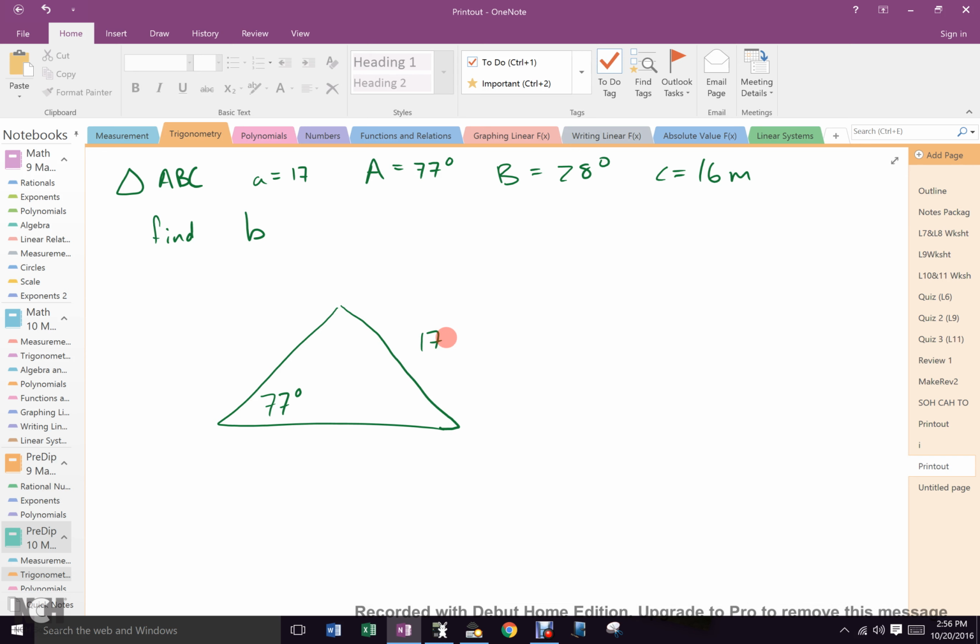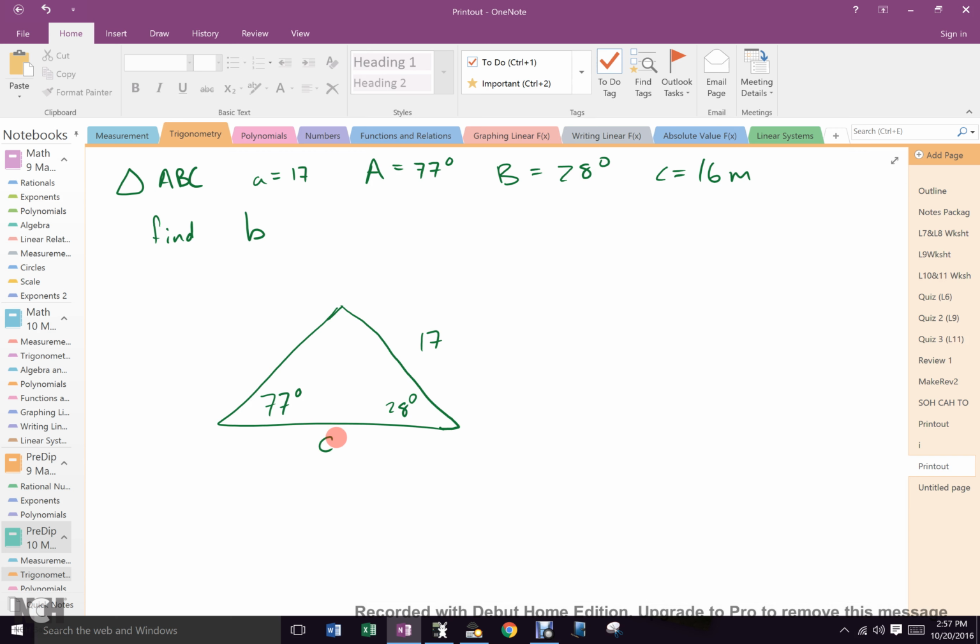It doesn't matter how I set this up now, except I should know that 28, I shouldn't put it here just because of the way I've drawn it, because this is obviously a bigger angle than 77, right? Because this is the longest side. So I should put 28 there, which means this is my C, right?